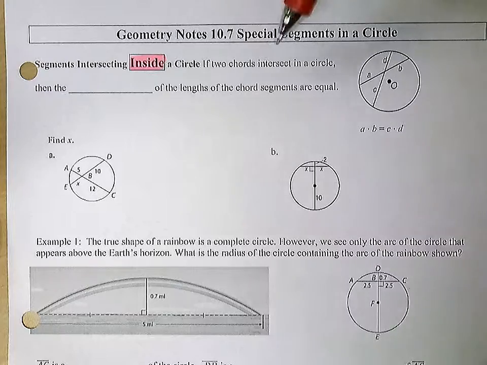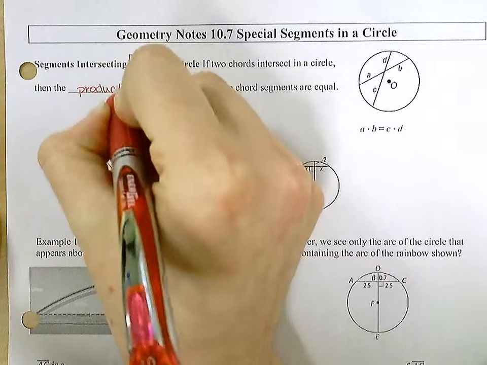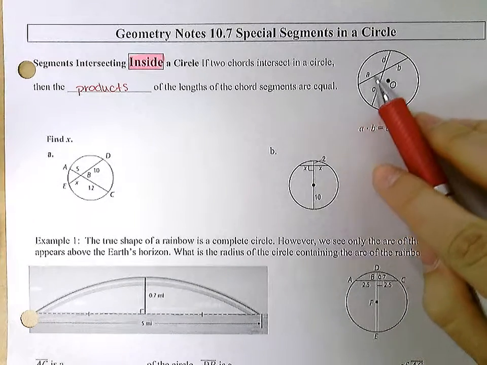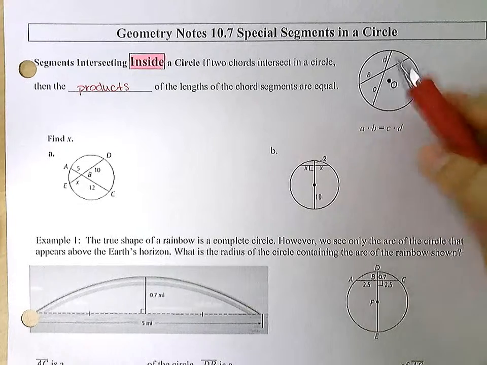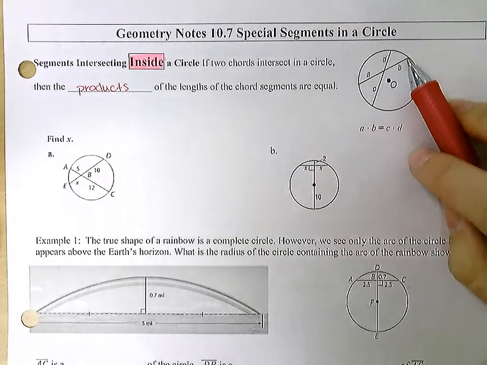Okay, so if two chords or secants intersect in a circle, then the products of the lengths of the chord segments are equal. So products meaning multiplication. So if I look at the picture to the right there, and I have this segment here A, and this segment here B. Okay, they make up that same chord, right?